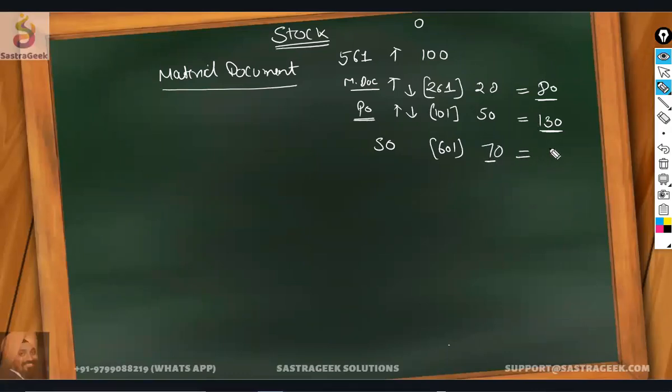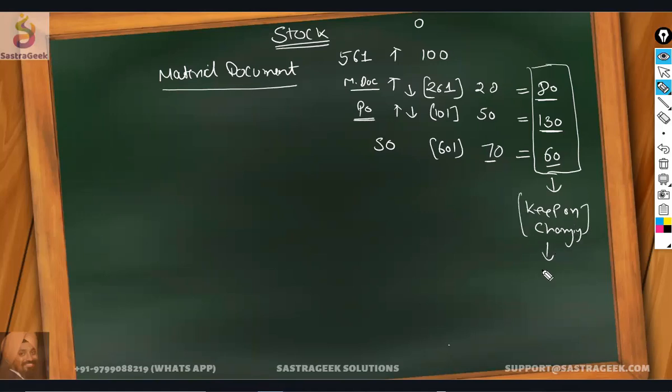Then my stock would be 60. So stock keeps on changing. If the parameters keep on changing, with every material document it keeps changing, why does it make sense to store this in a table in the database?